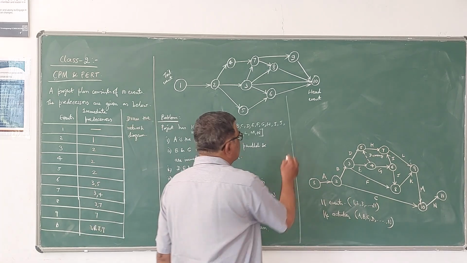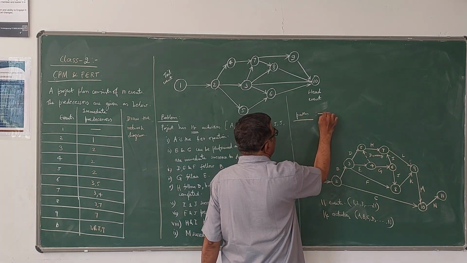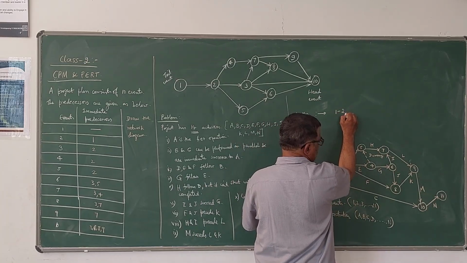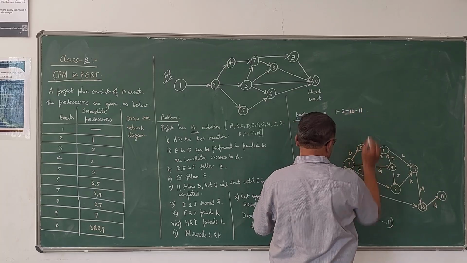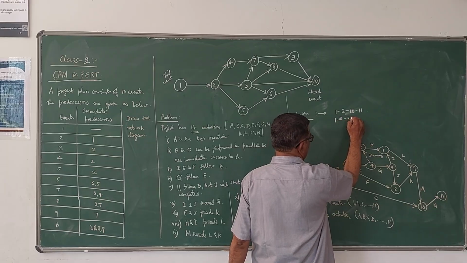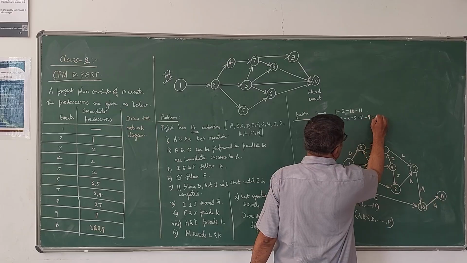Once you have a network diagram, you can have different paths. So one path is 1 to 10, 11. Second path is 1, 2, 3, 5, 7, 9, 10, 11.